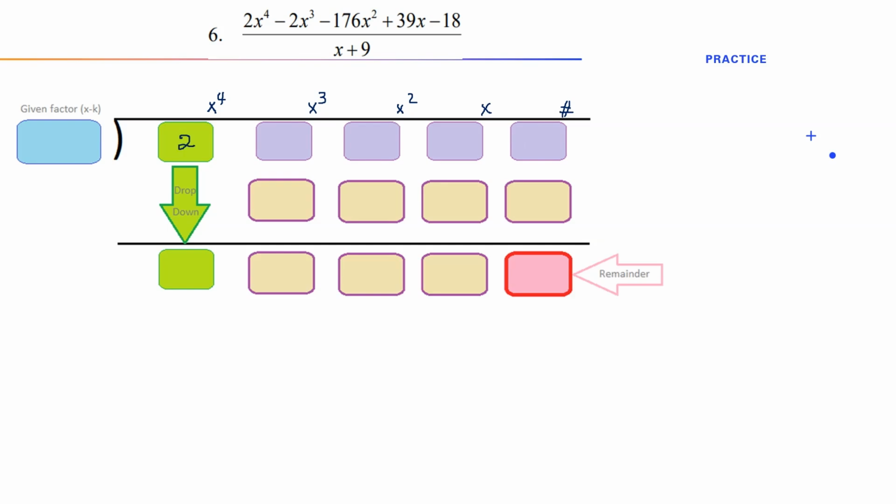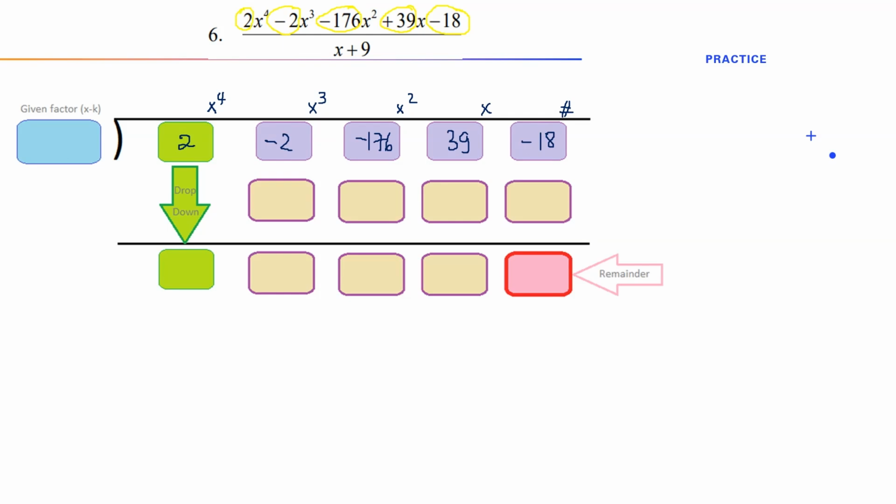So 2, negative 2, negative 176, 39, and negative 18. Be careful to write the complete list, the coefficient with the sign.